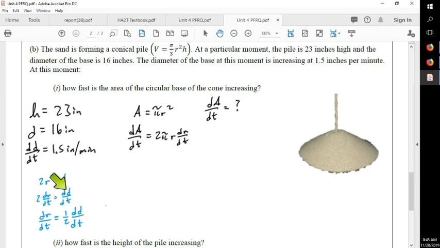The rate of the radius and the rate of the diameter are what they call directly proportional to each other. There's a constant of proportionality that can relate these two. Oh man, all these big words. So what does that all mean?